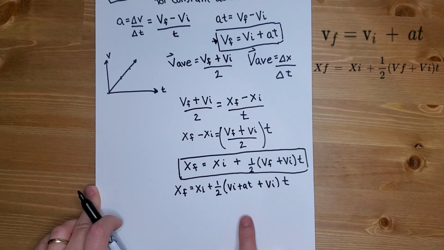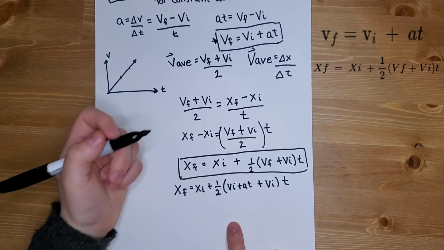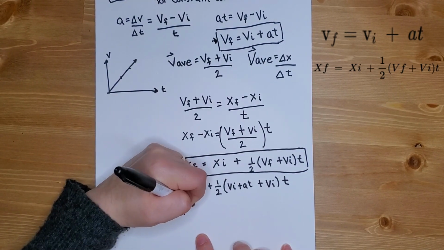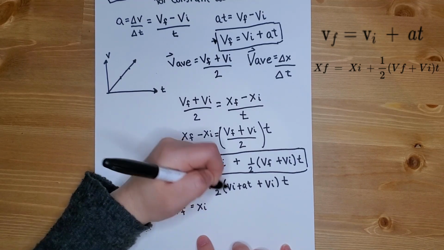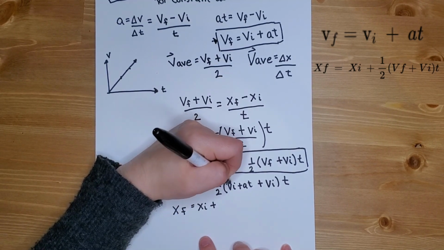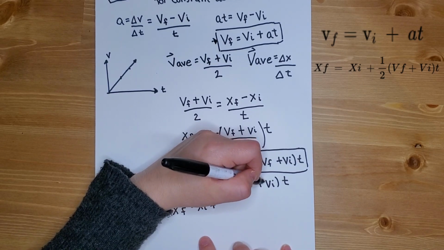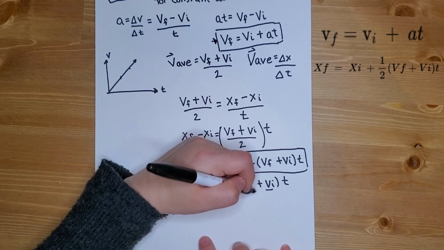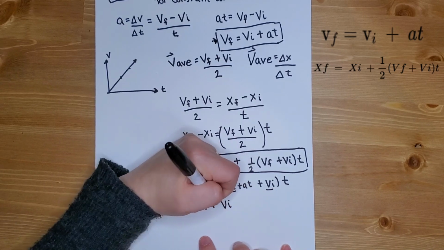Now let's combine all these terms, so we have the variables together. I have my x final equals my x initial plus 1/2 v initial plus 1/2 v initial here, so these two terms are just 1 v initial, right?